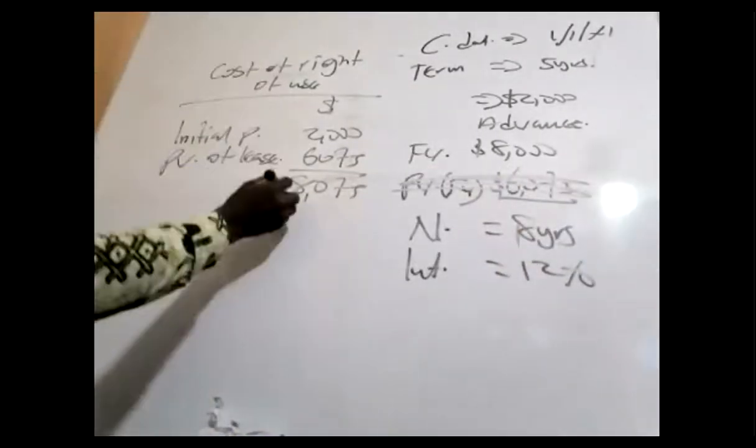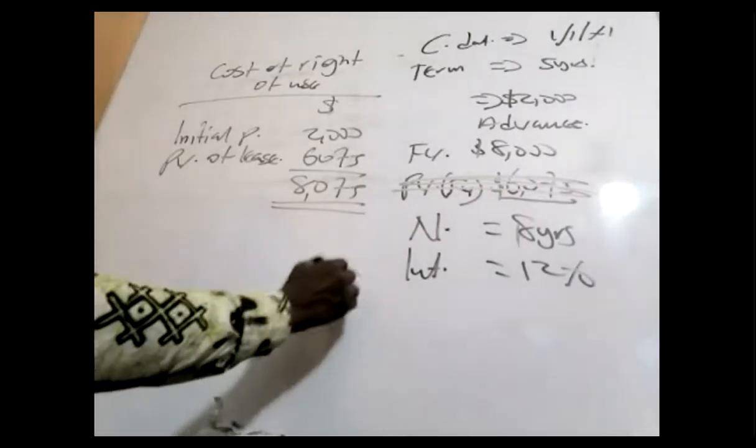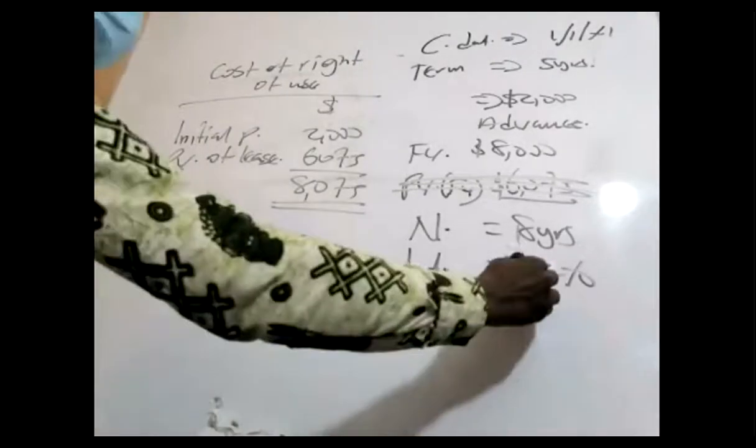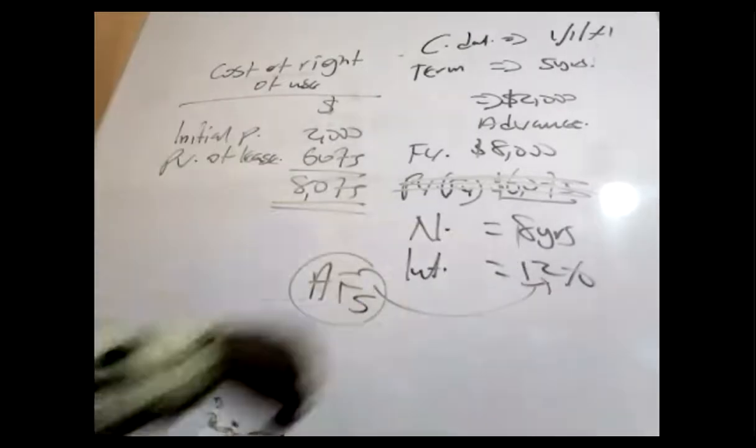Let's work out this figure by ourselves. I wrote a formula at the first section, right? So let's calculate the annuity factor. Annuity factor for how many years? 5 years, using this discount factor or cost of capital.